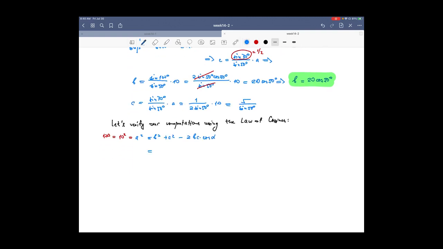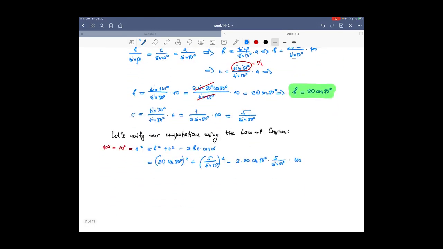So we have b squared, (20 times cosine 50 degrees) squared, plus c squared, (5 over sine of 50 degrees) squared, minus 2 times 20 cosine of 50 degrees times c, 5 over sine of 50 degrees, times cosine of alpha.